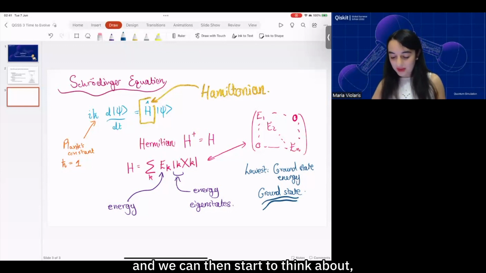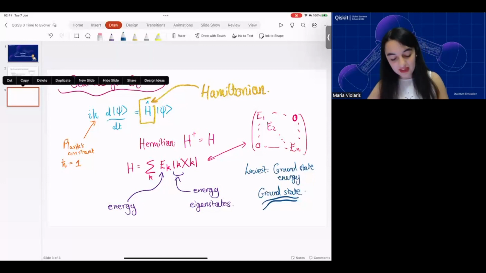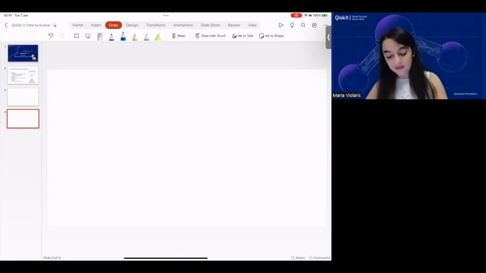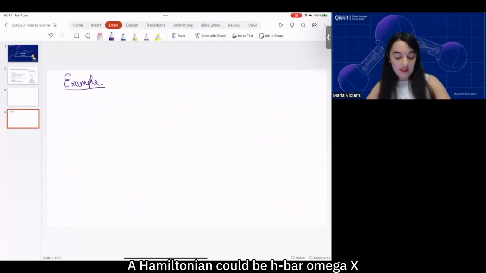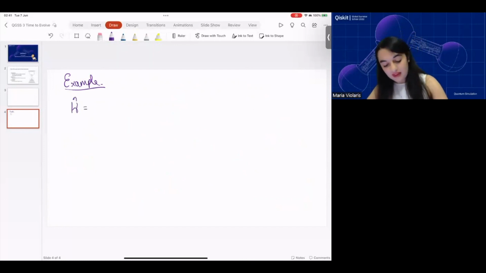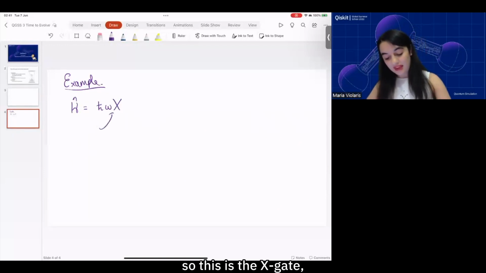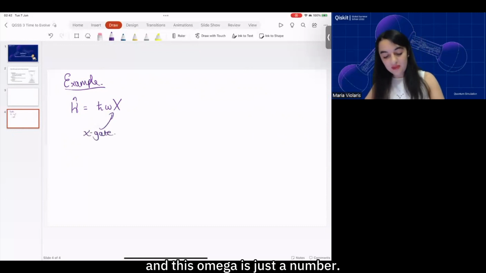And we can then start to think about, so we'll go on to a new slide. So just as an example, a Hamiltonian could be h bar omega x. So this is the x gate, and this omega is just a number.